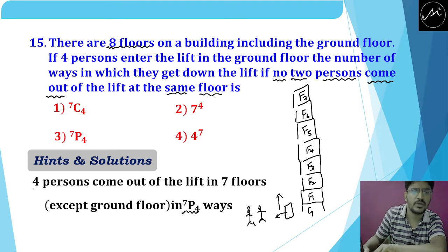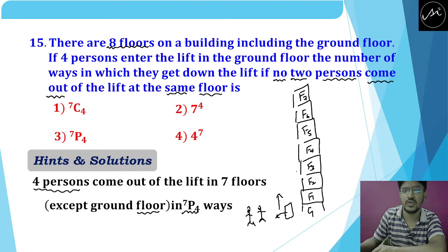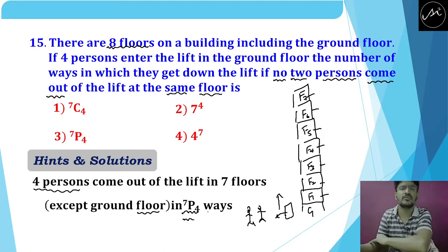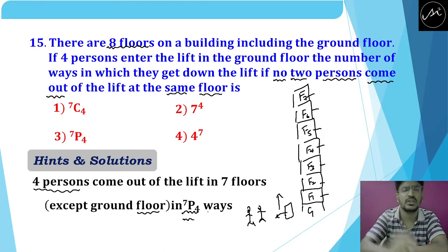4 persons come out of the lift in the 7 floors, that is, except the ground floor, because on the ground floor all the 4 persons will enter the lift, so there is no chance to come outside. So now you are left with 7 floors, and you have 4 persons, and 7P4 will be the number of ways in which the persons can come outside the lift.